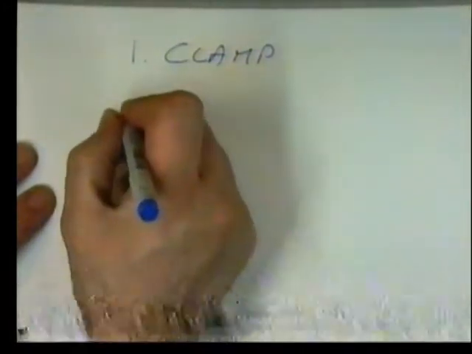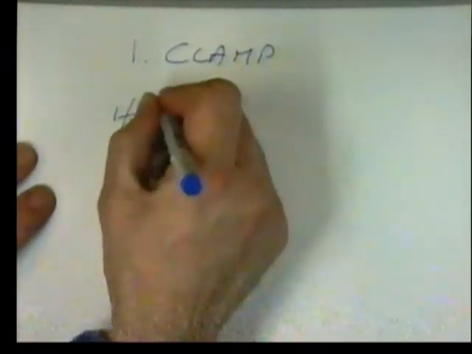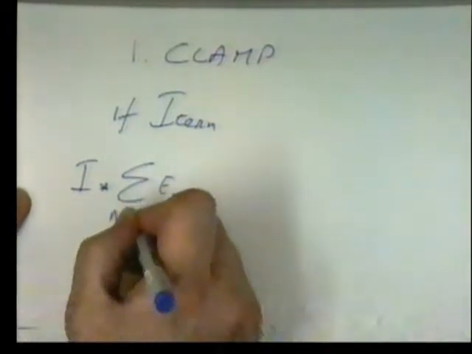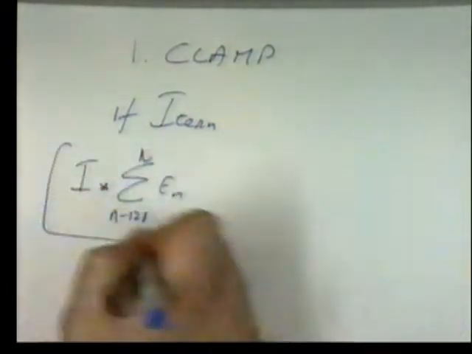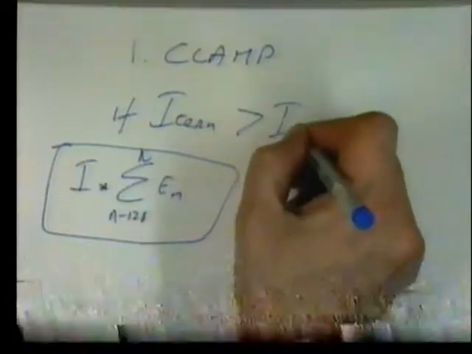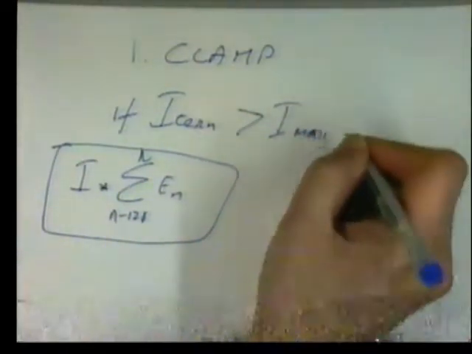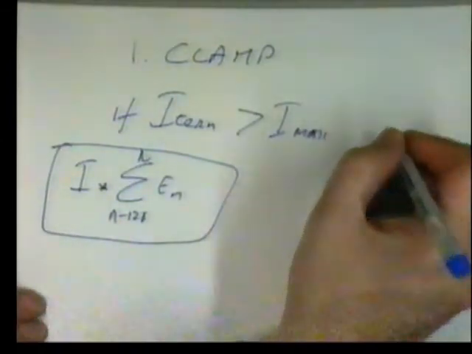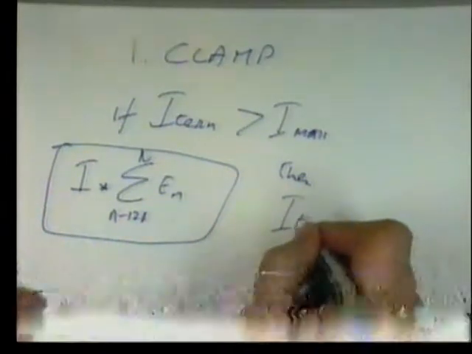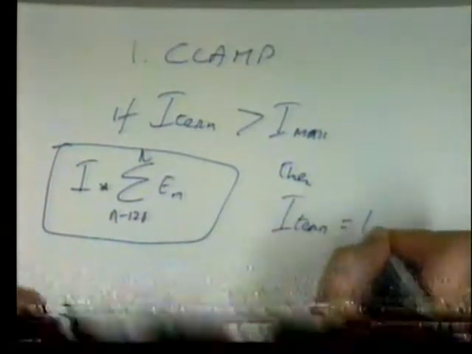The integral clamp, very crude system. It says that if the integral term, where the I term is I multiplied by sigma e to the n, n-128 to n, there's the whole of our I term, if that is greater than some maximum value that we set in our computer as a constant, then we set the I term to equal I max.